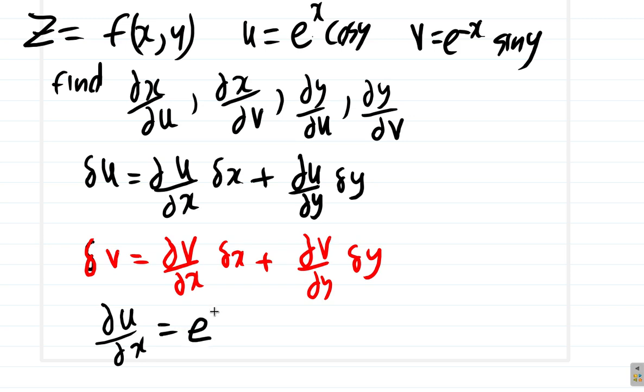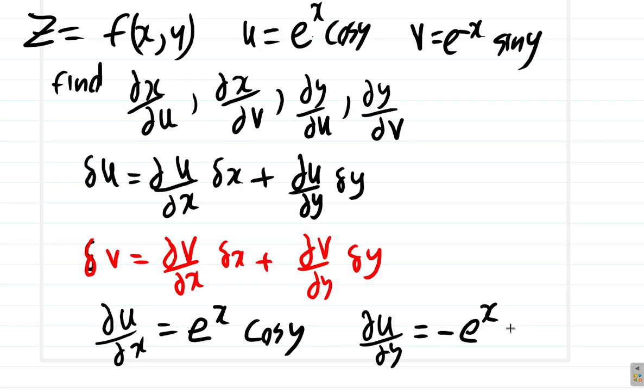So it is e to the x cos y. Alright? The partial derivative of u with respect to y. Well, in this case, you treat e to the x as if it's a constant. You treat x as a constant. When you differentiate cos, you get negative sine. So it's negative e to the x sine y. Okay, good.